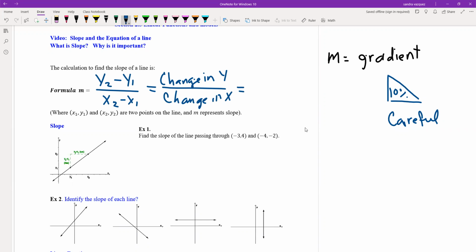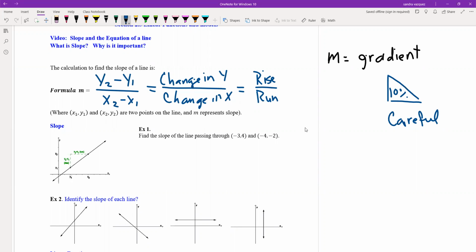We also call it the rise over the run. It has a lot of names. Like in section 2.4, we called it the difference quotient and also the average rate of change. Where x1, y1 and x2, y2 are 2 points on the line, and m represents the slope.